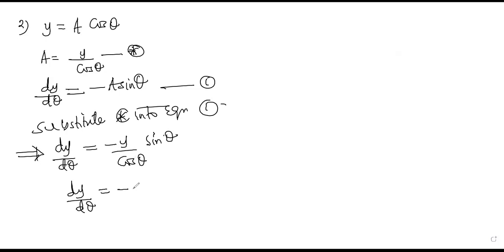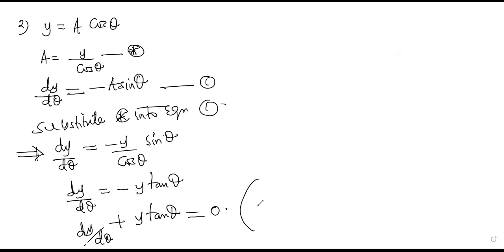So it will be negative y tan theta. A student can stop here, or the student can say dy d theta plus y tan theta is equal to 0. Still, this is a first order differential equation. So you see, because we had one constant, our answer is in first order.